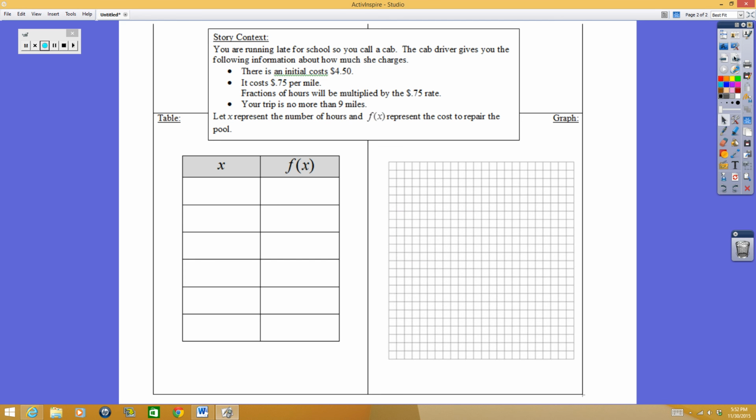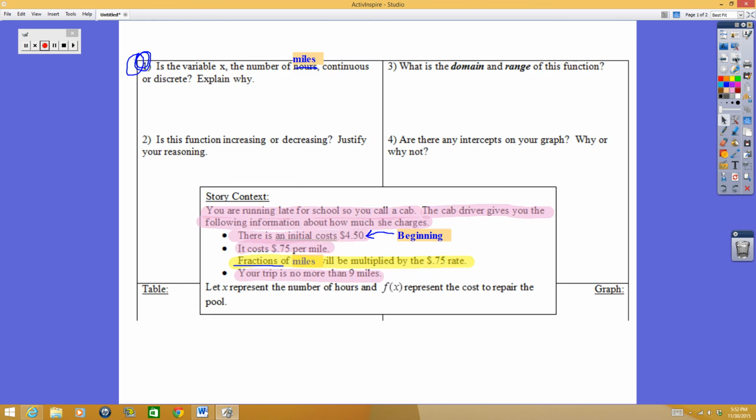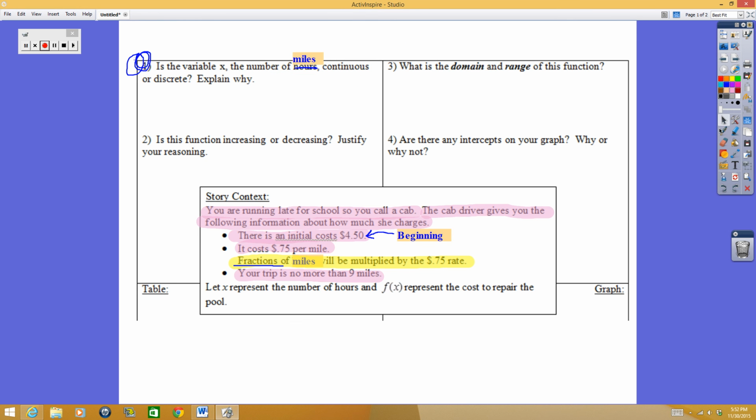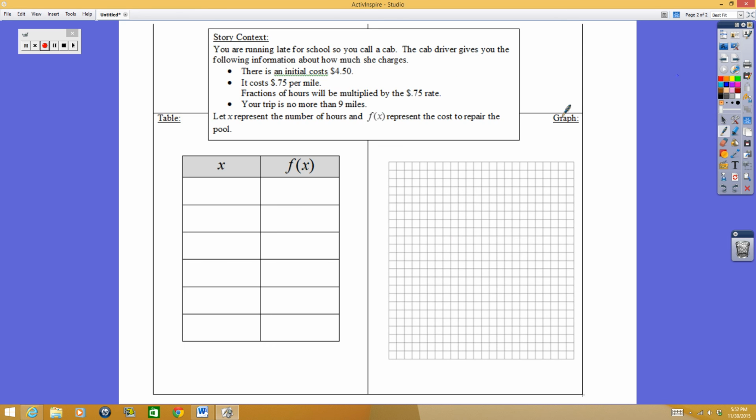Alright, so for me, these questions are important up here, but for some reason I just feel it's necessary to go straight to doing a table. That's what I like doing. This test does not ask you to write a function rule, but it's still important to do it, so I'm going to do it over here. Function rules always start with f of x equals.